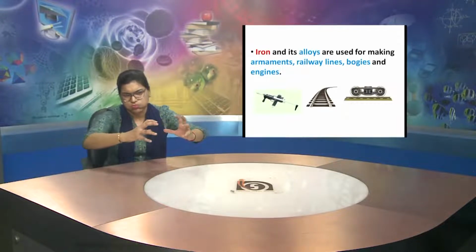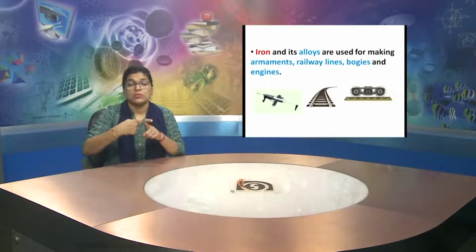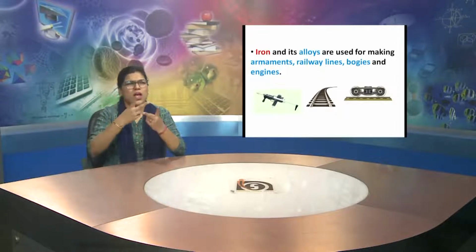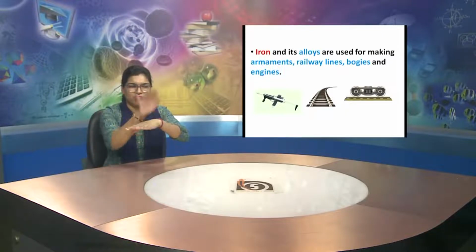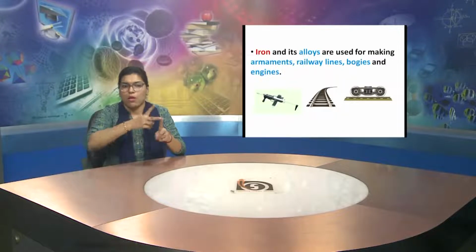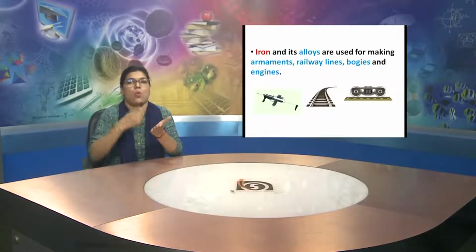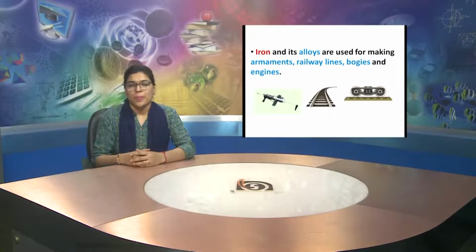The wheels of the railways are also of iron, and also the bogies, the bonnets of the car also have iron. And the engines.